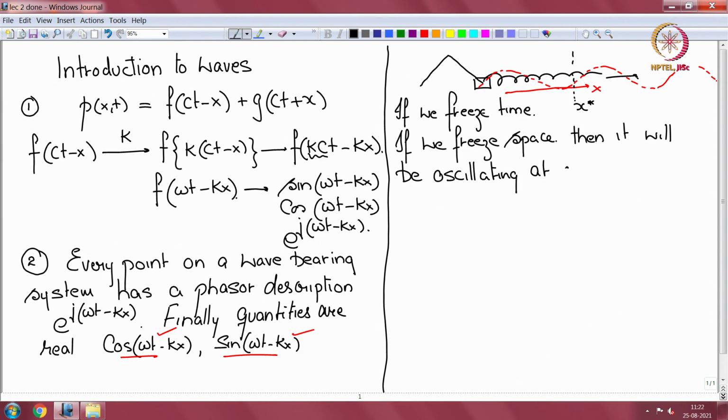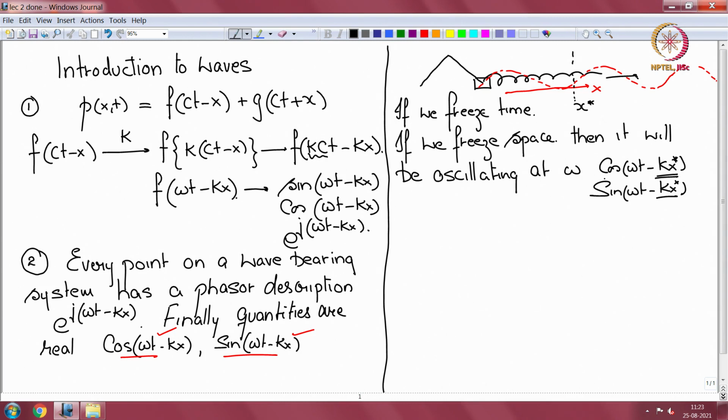So the descriptor will be either some cos omega t minus k x star or sine omega t minus k x star. This is a constant now, right?